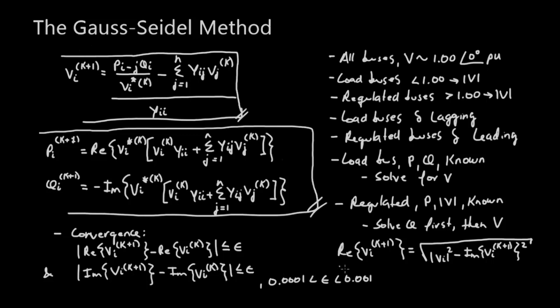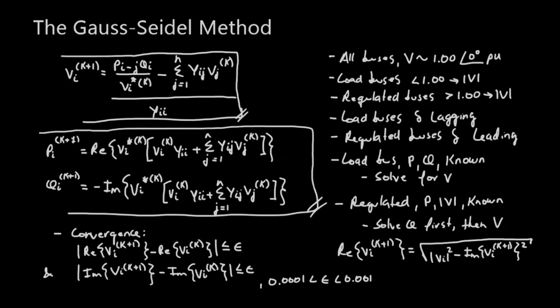And so this is usually a good compromise. So it's a very accurate solution, 3 to 4 decimal places, again in per unit. And you should get to that convergence depending on the system and depending on how close your initial guess is to the actual solution. But you might find that somewhere in the 3 to 7 iterations will give you a solution that meets that criteria.